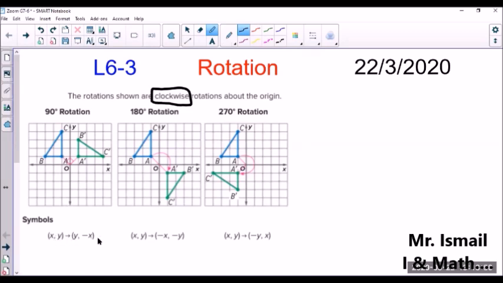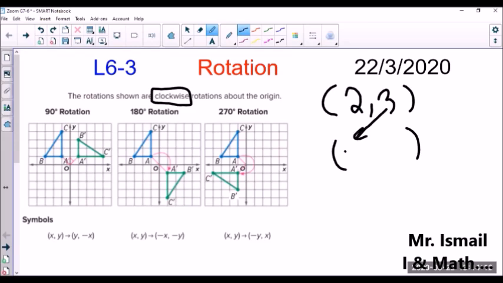(x, y) will be (y, -x). That means you have to change the position. So y will be in x's place and x will be in y's place, and you have to multiply x by -1. For example, if you have (2, 3), you have to switch the places.